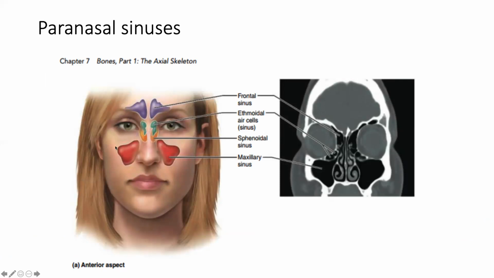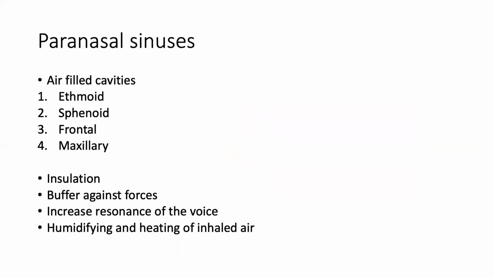So if you look at the maxillary sinus in the maxillary bone, frontal sinus in the frontal bone, at the root of the nose, you can see the ethmoid air sinus and sphenoid sinus, which is just around here, but it is more posterior. So these are the paranasal sinuses which are present around the nose.